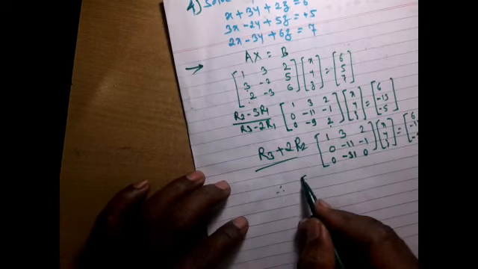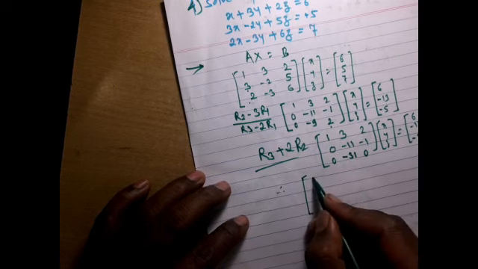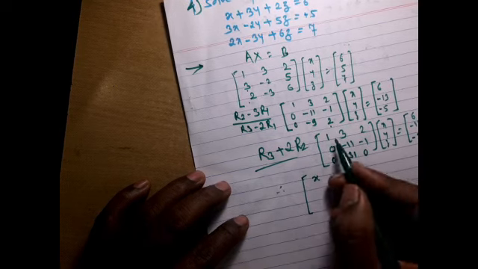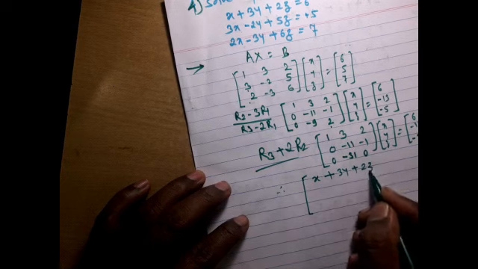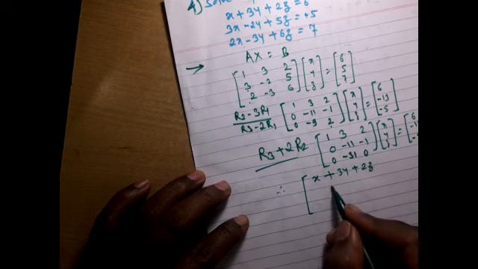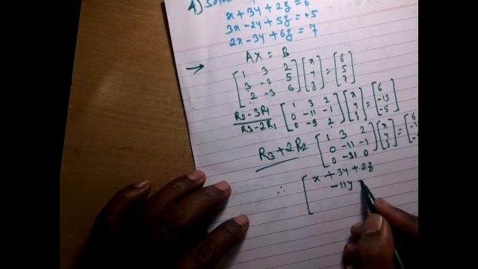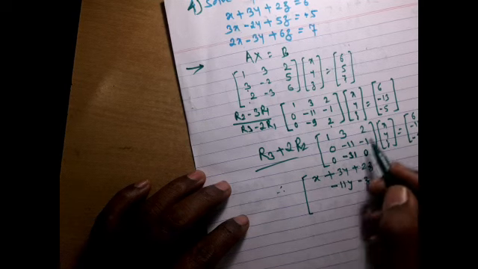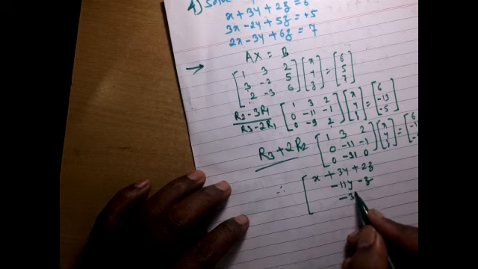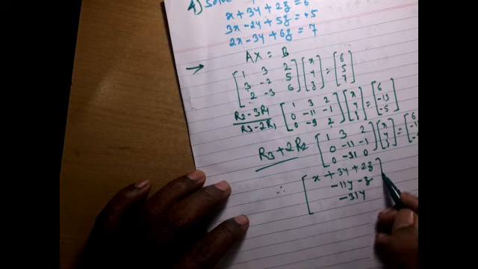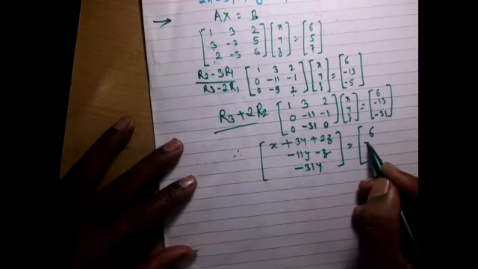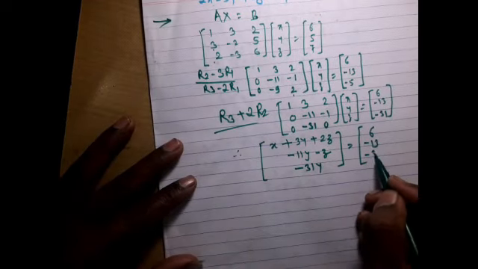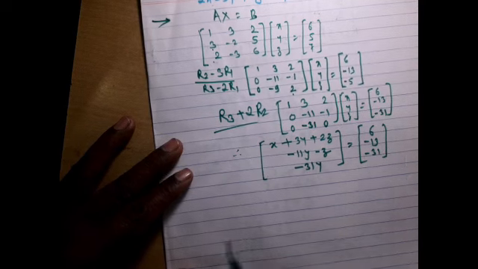Now use the method of multiplication. Open the matrices by multiplication: x plus 3y plus 2z, 0x minus 11y minus z, 0x minus 31y plus 0z is equal to 6, minus 13 and minus 31.